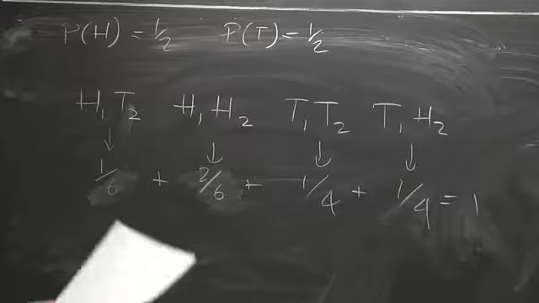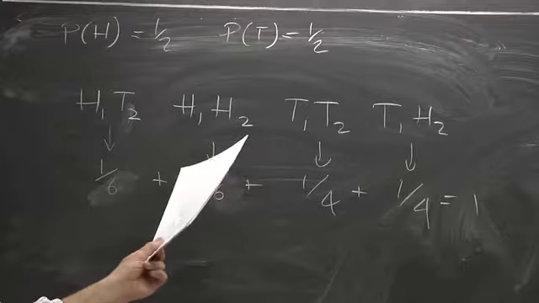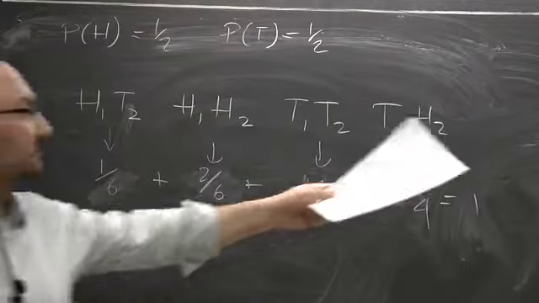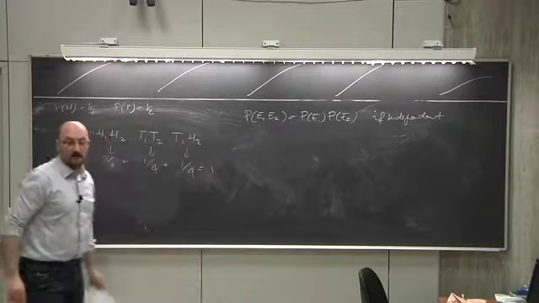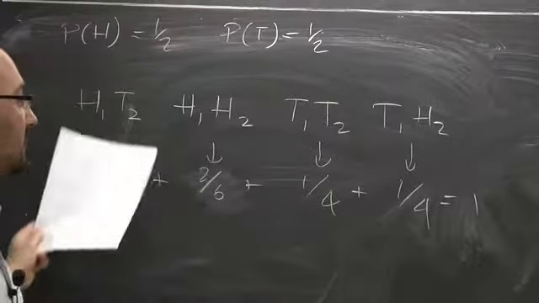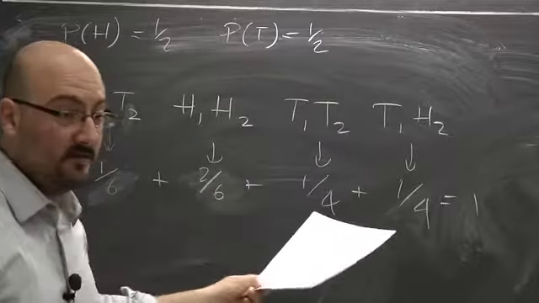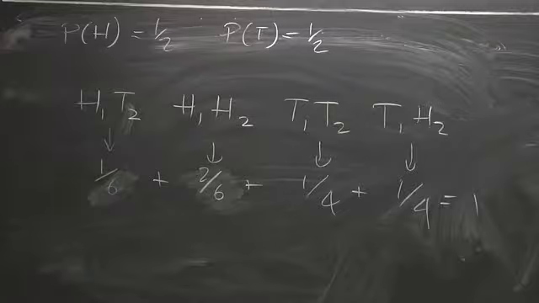Okay? If I change this, then it means that the 2 events are not independent anymore, because they do not satisfy this equation. But the probabilities of the events still have to sum to 1. Okay?